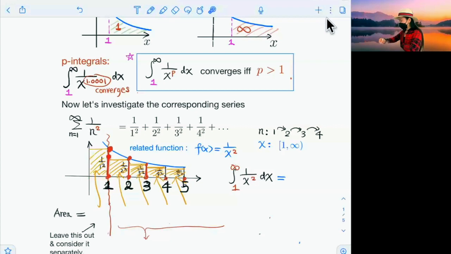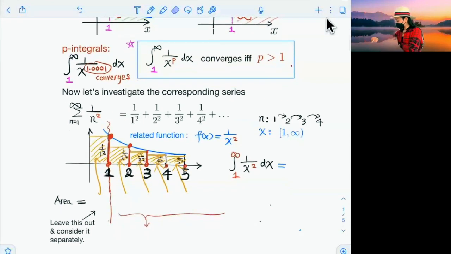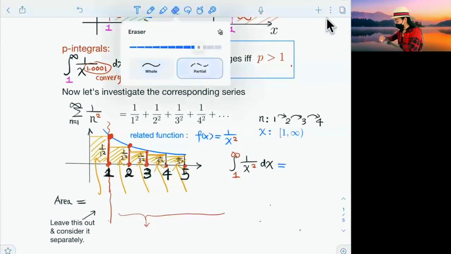What is the height? The height of this is 1 over 1 squared. And what about the width? It's 1. All of them are equal to 1. So basically, the area of this rectangle is 1 over 1 squared. So you agree with that?